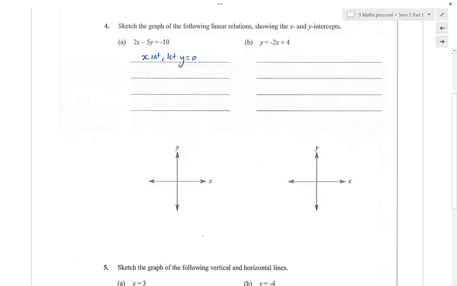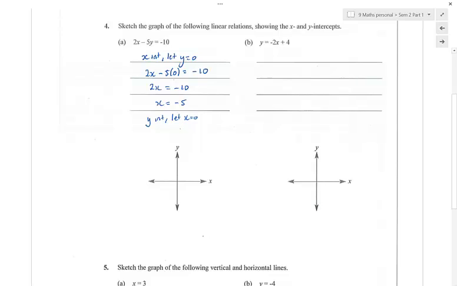By letting y equal 0, we have 2x minus 5 times 0, which we know is 0, is equal to minus 10. So that gives me 2x is equal to minus 10. x is equal to minus 5. So we've found the x-intercept. Now let's find the y-intercept. Let x equal 0 and solve for y.